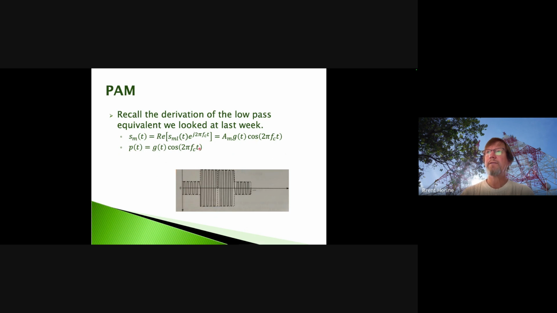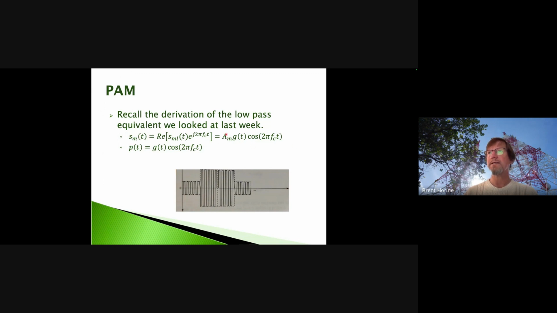And then we have this e to the j 2 pi fct, and this is that carrier signal. But then to extract the actual one, s_m(t), we take the real part of that. So we take that low pass equivalent representation signal, multiply by this carrier, and then take the real part of it, and that gives us the real signal again.